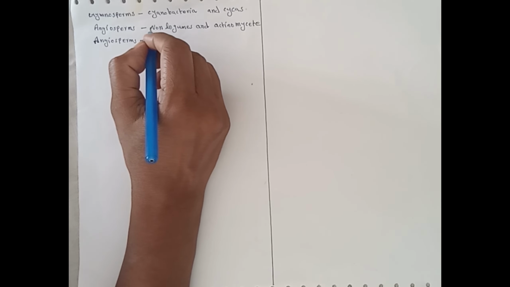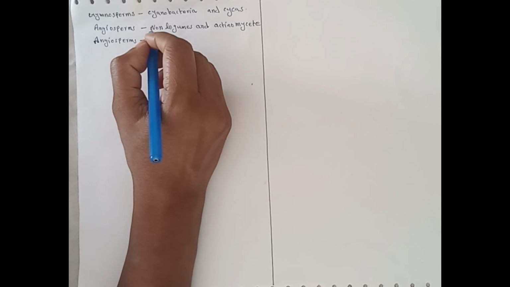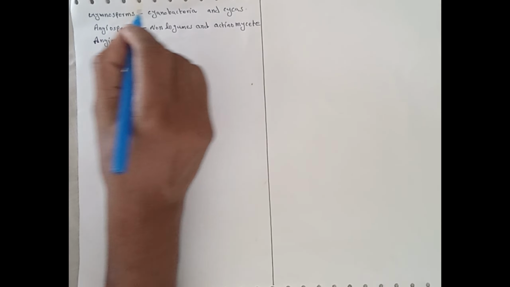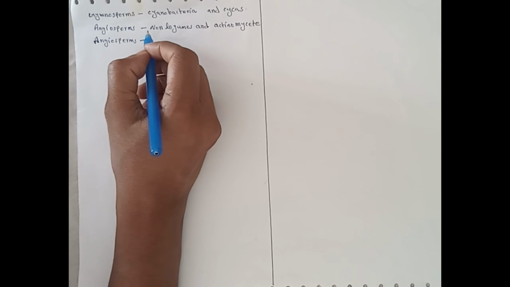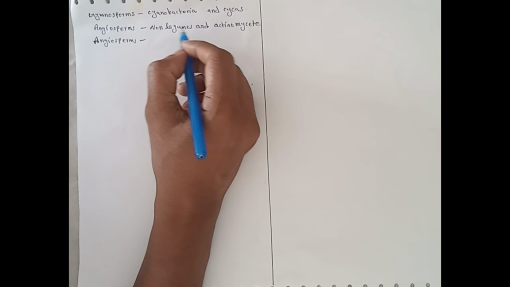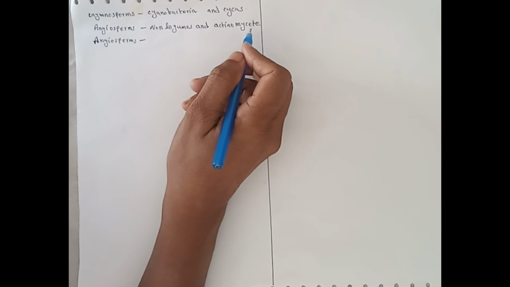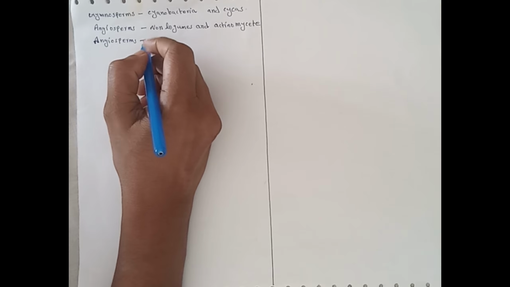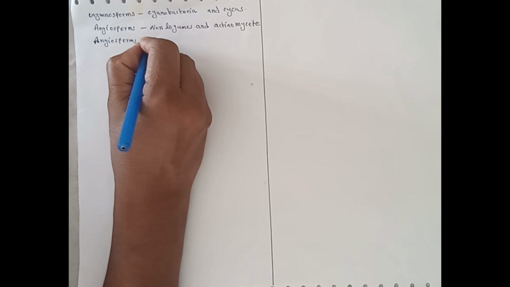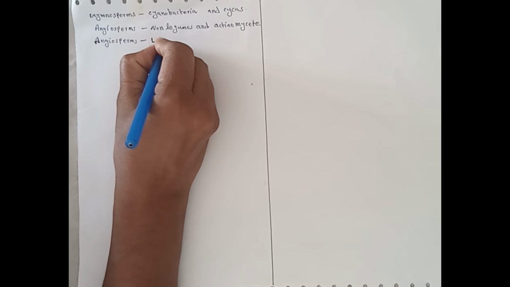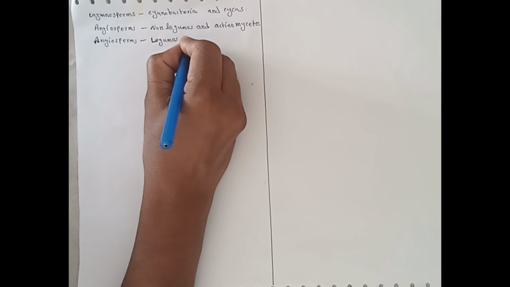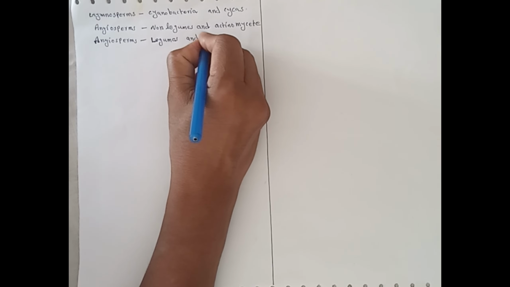There are different cases in systems angiosperms. There are mainly three systems. First, the angiosperms with non-legumes and actinomycetes. Second, in case of angiosperms, legumes and rhizobium.